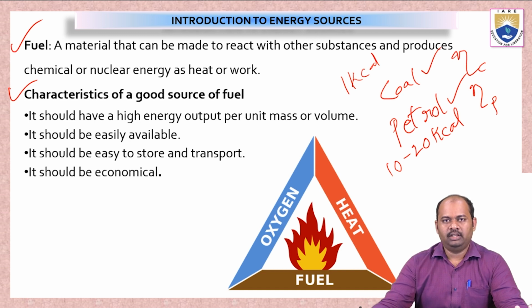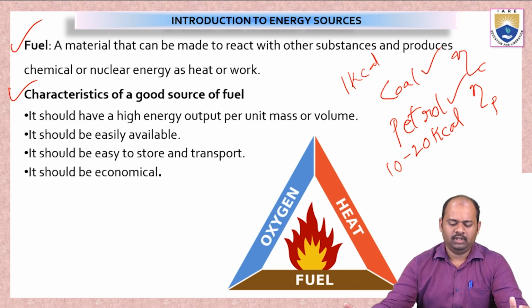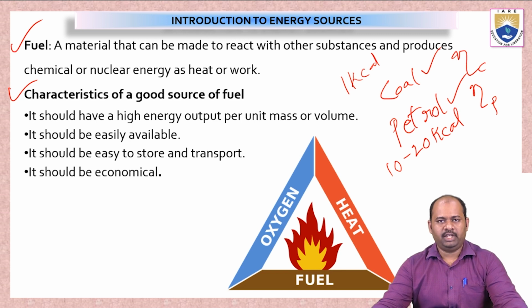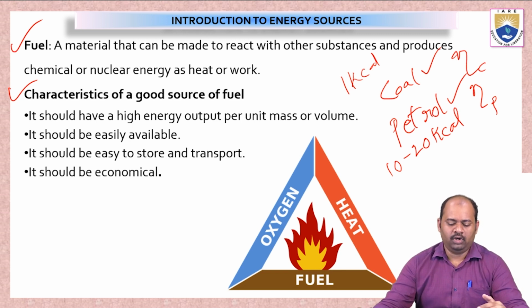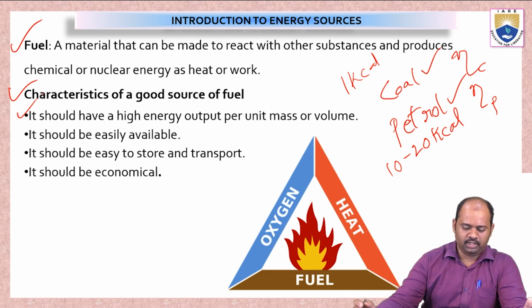Whereas when we use coal for producing heat, we need a large amount of coal to produce a very little amount of heat. So depending on the application, we should select what kind of fuel we have to select. Okay, so this is one point.